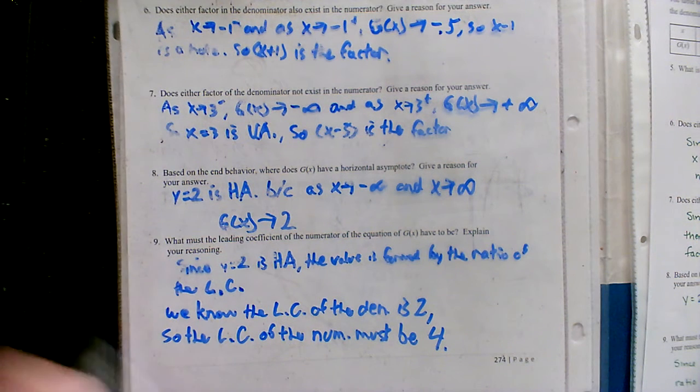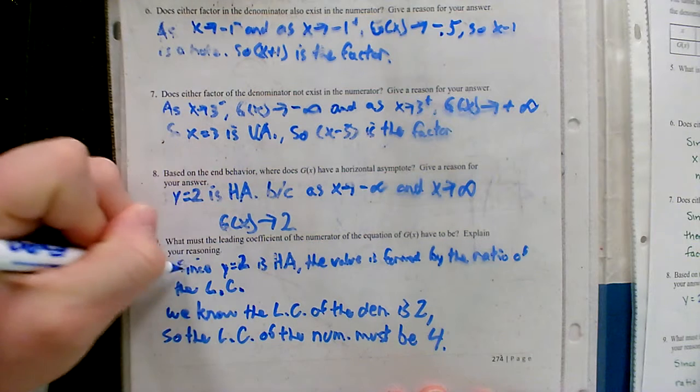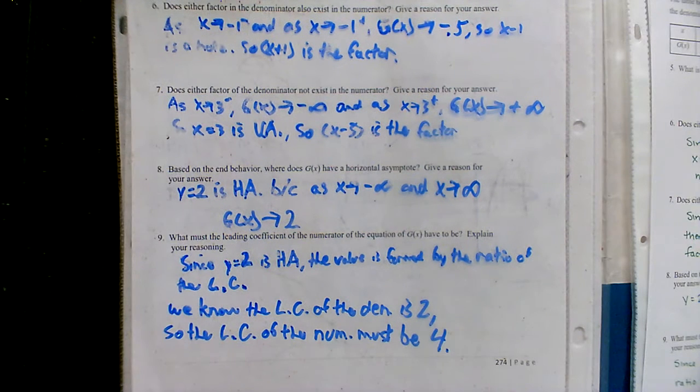It has to be, because 4 divided by 2 is 2. So that gives you the horizontal asymptote of 2. So all the same ideas we've been using, again, just using the table to answer these.